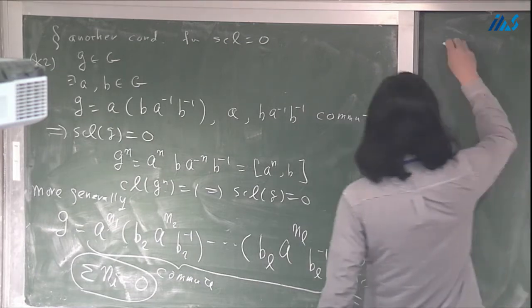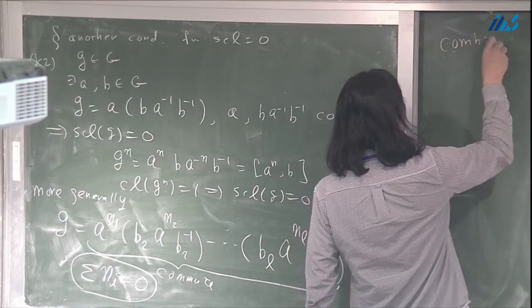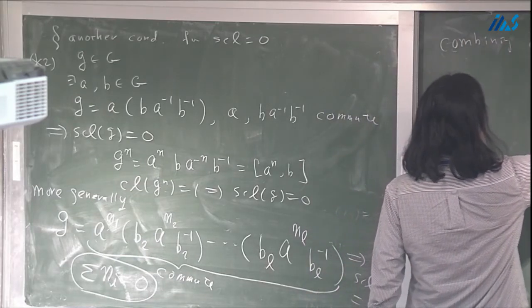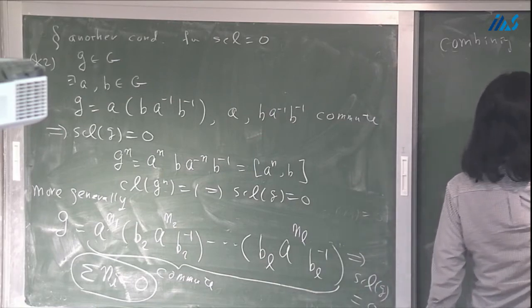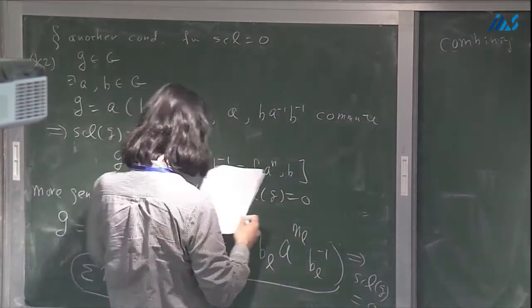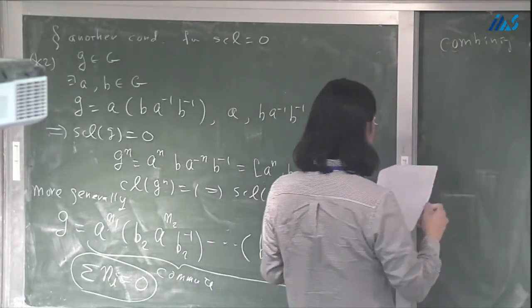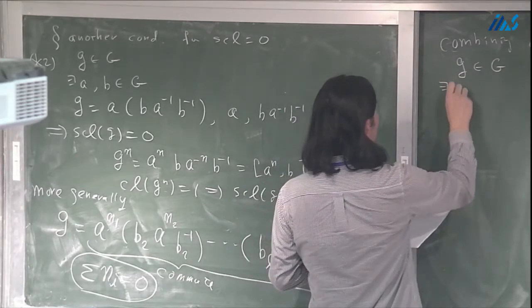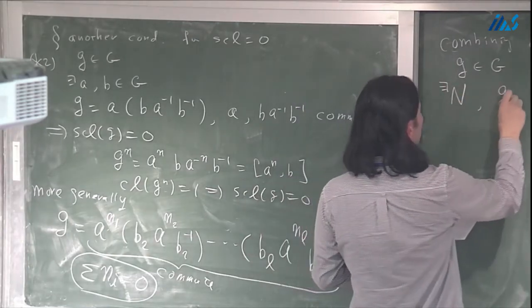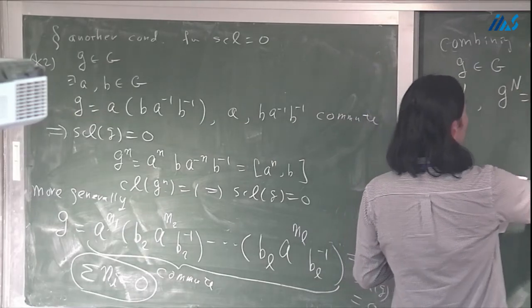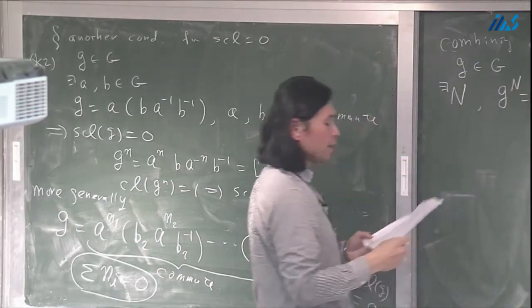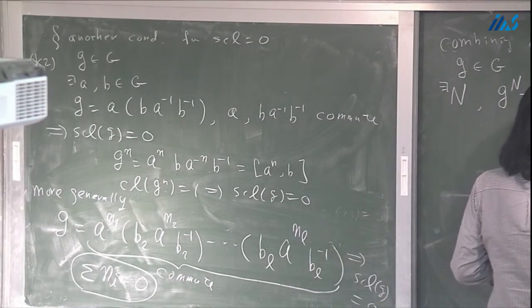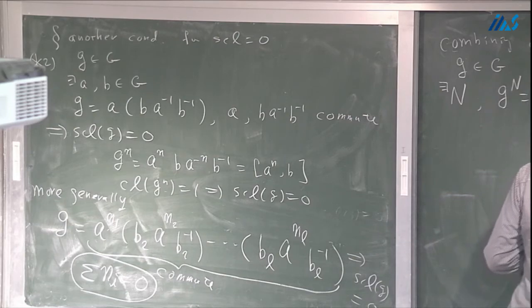So combining chirality and this condition, you have an element G and there exists n, so that G to the n is a product, and any Gi, Gj commute.